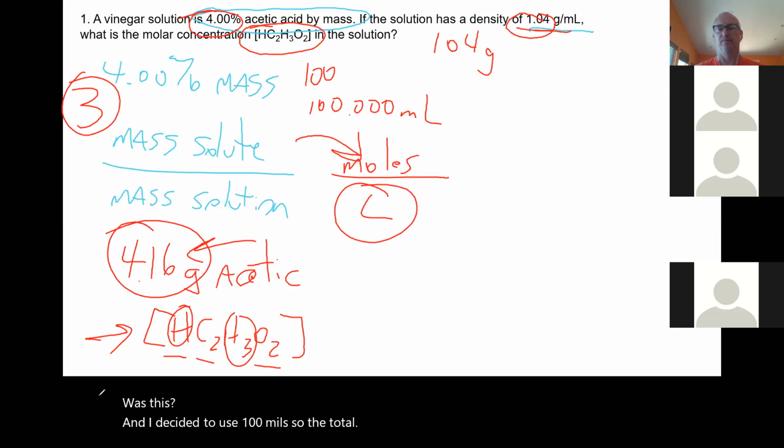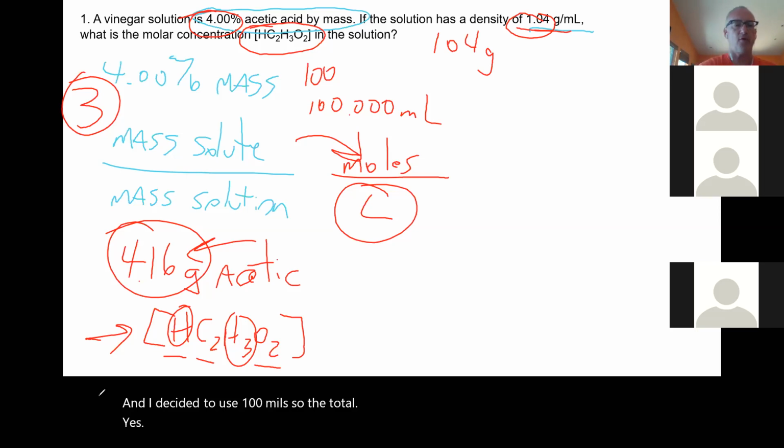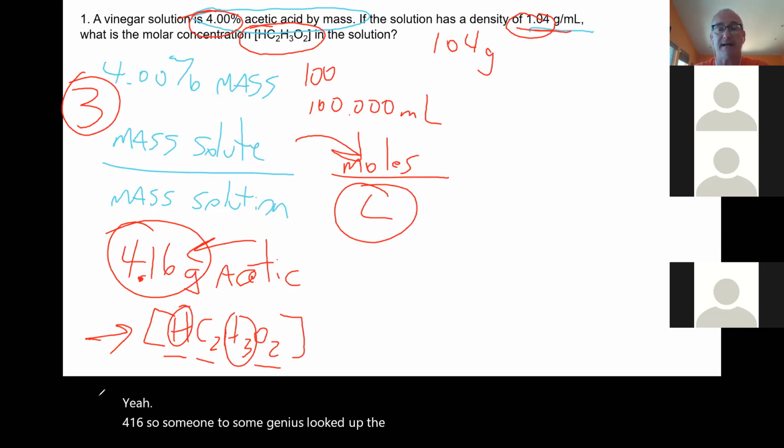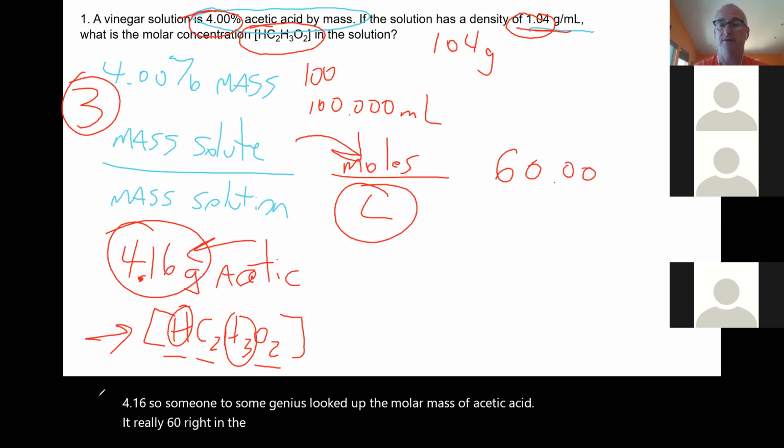Yes, but the acetic acid is 4.16. Okay. So some genius looked up the molar mass of acetic acid: 60.00 grams per mole. Really, 60 right on the nose, huh? Okay.